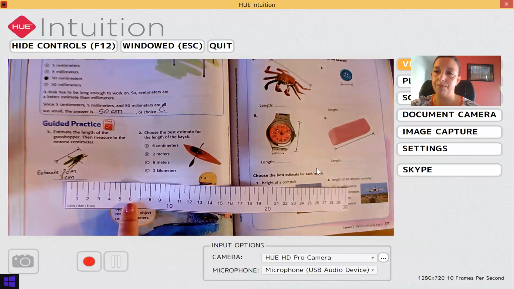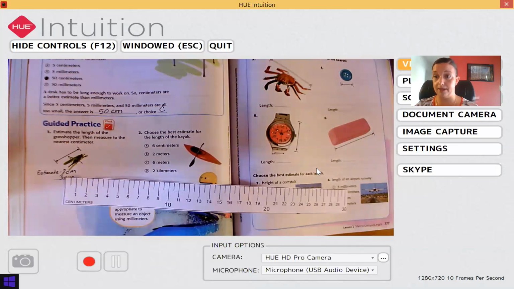2 meters, that would be about 2 chairs laying side by side. That seems like it could be a good estimate. 6 meters, that would be like 6 chairs. That seems like it would be too long for a kayak that's for just 1 person. And then 2 kilometers, that's a long way.